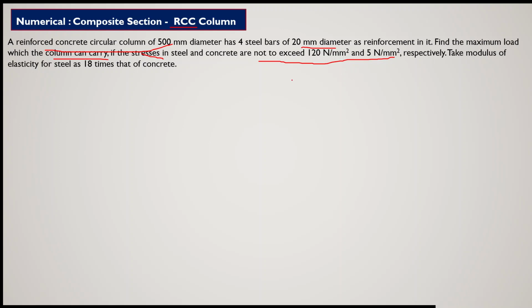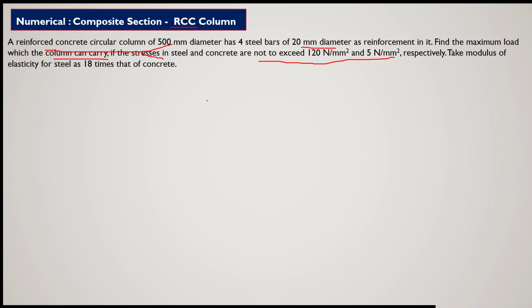So when this composite circular column is subjected to loading, the stress in steel should not exceed 120 and simultaneously the stress in concrete should not exceed 5 Newton per millimeter square, otherwise the column will fail.